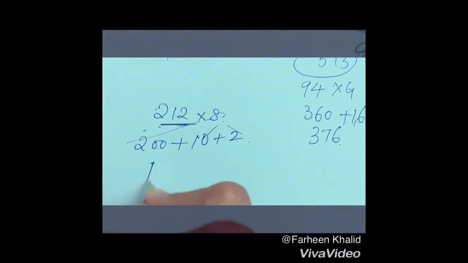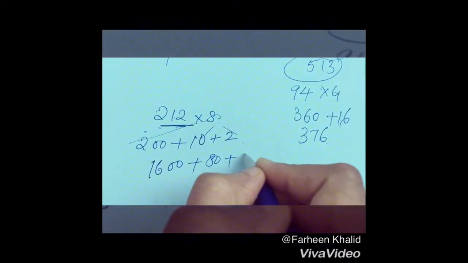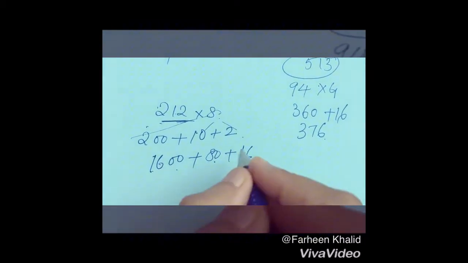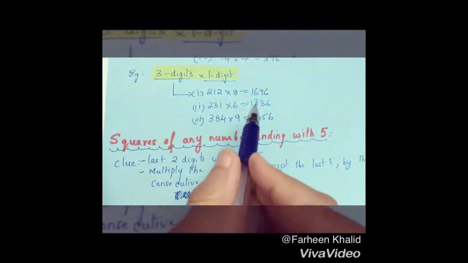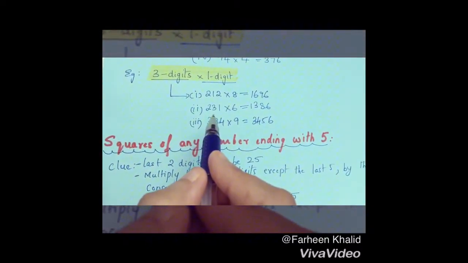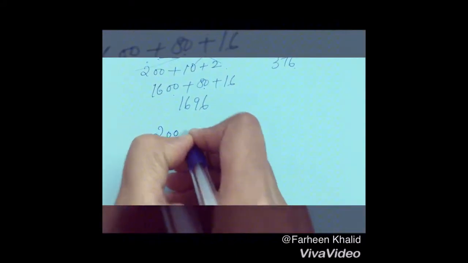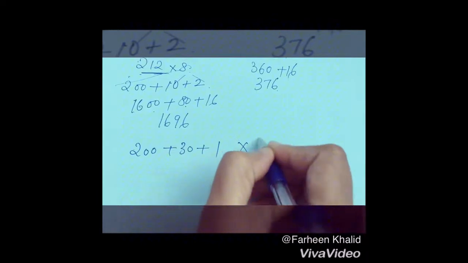So it's 8 times 200 is 1600, plus 8 times 10 is 80, and 8 times 2 is 16. So we have 1680, and then you add this 16, so 1696 is your answer. Now let's take the next example, 231 times 6, which should be 200 plus 30 plus 1 times 6.